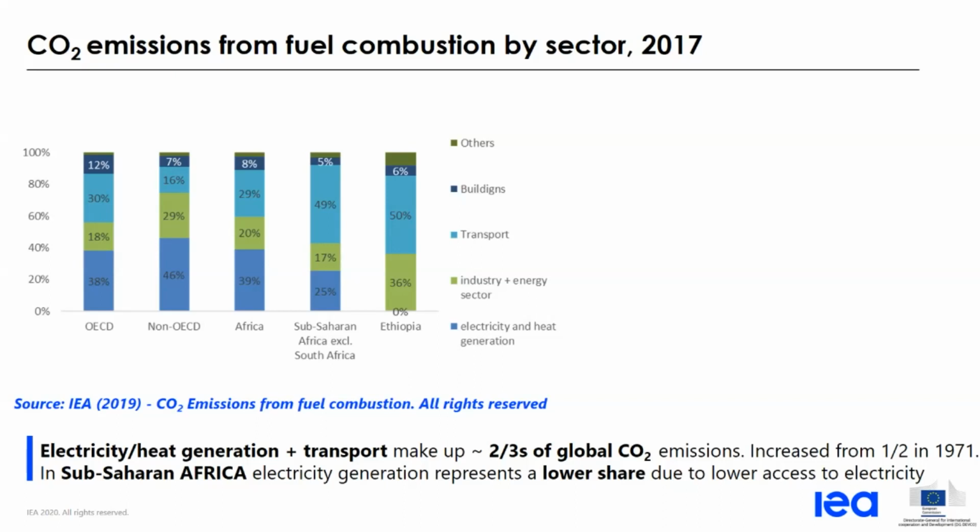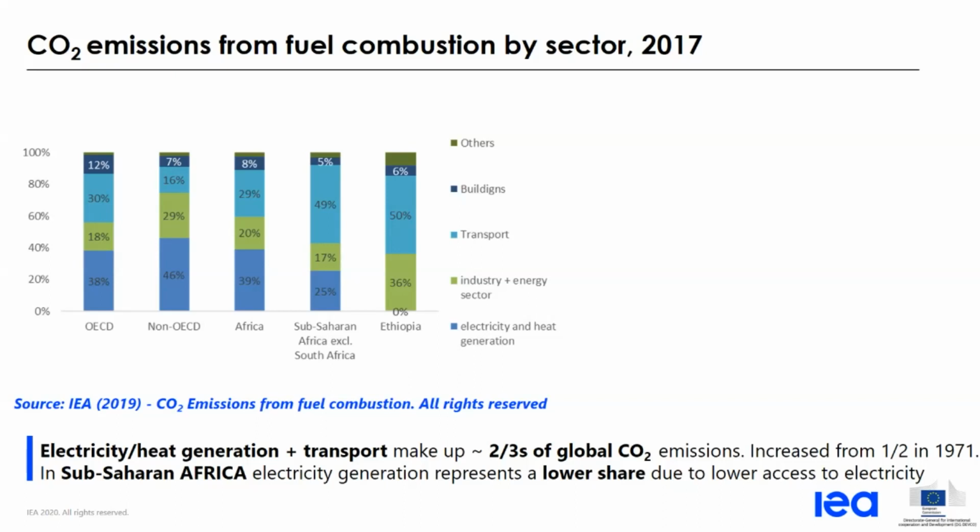OECD countries, sorry. This has also been increasing because there has been a huge electrification since the 1990s, in this case comparing with 71. So more use of electricity, so more emissions are coming from electricity. And if you look in sub-Saharan Africa, electricity generation represents a lower share for different reasons.